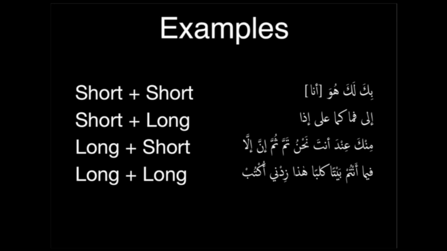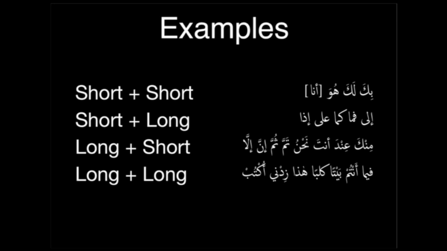I know I'm exaggerating a bit because I want you to be able to hear the difference between laka and kama. But it's important to understand that in Arabic, you're always going to have syllables combining. We really have very few one syllable words. But one syllable words are very rare in Arabic.